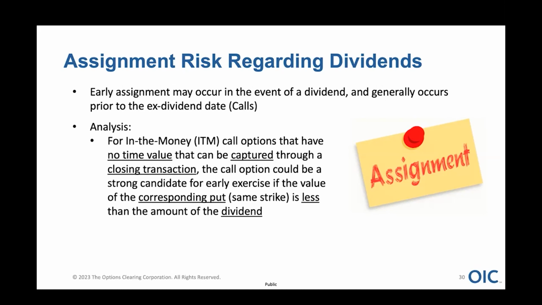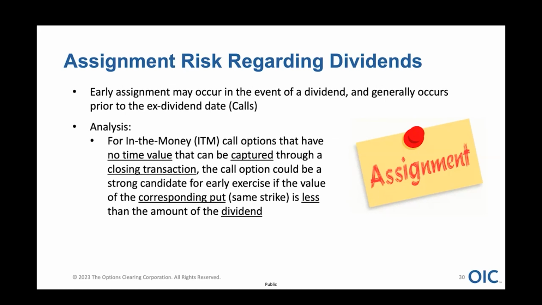Those calls are $5 in the money, and maybe they're trading in the marketplace for $5.10. So we know that $5 of that $5.10 is intrinsic value and 10 cents is time premium or extrinsic value. Because the dividend of 50 cents is larger than the amount of extrinsic value in the option, 10 cents, this option is a strong candidate to be exercised early for the dividend.